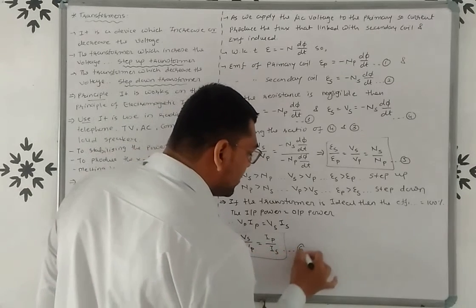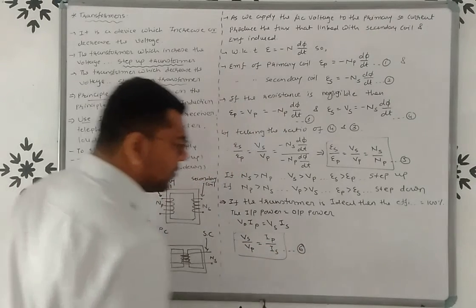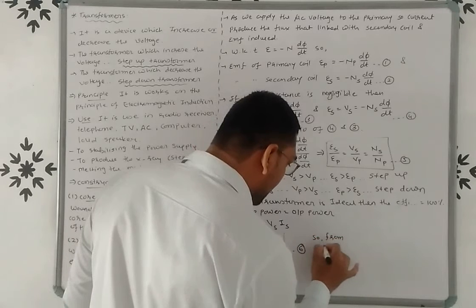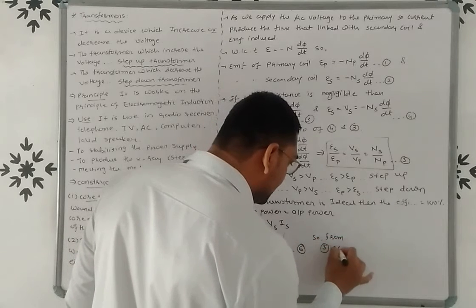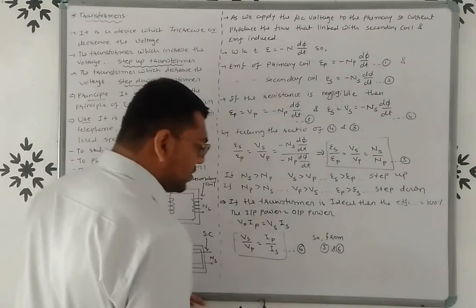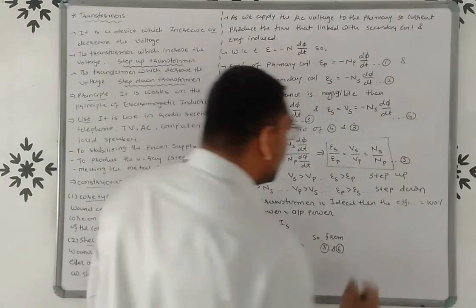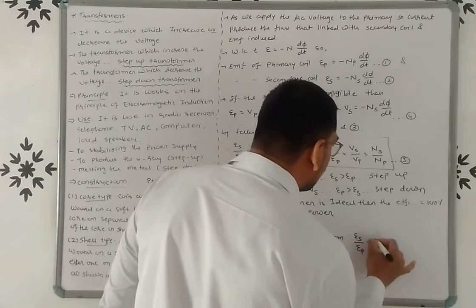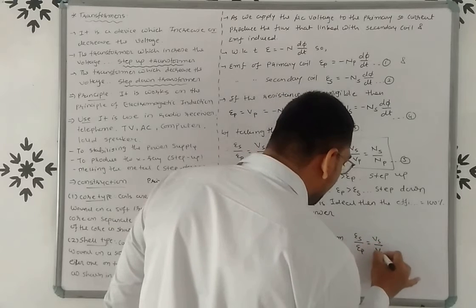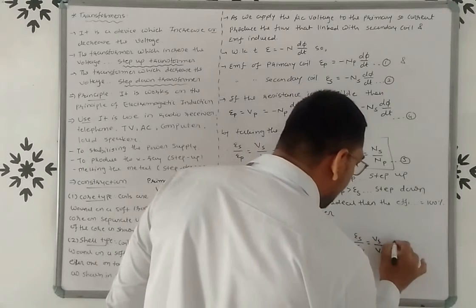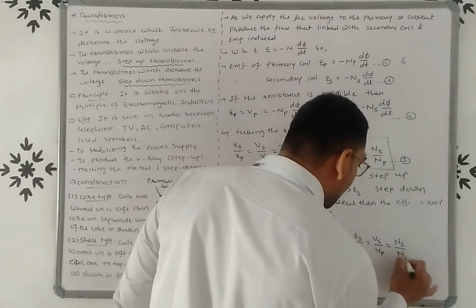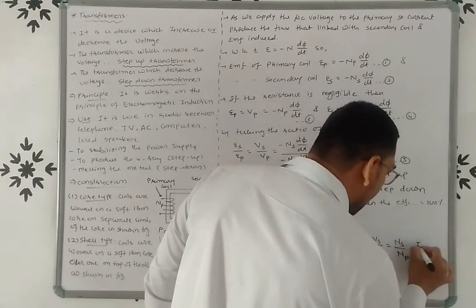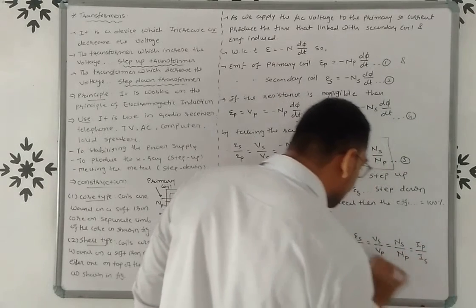This is equation 6, right? So from 5 and 6, what do we get? Here from 5 and 6 we get Es upon Ep is equal to Vs upon Vp is equal to Ns upon Np, and Vs upon Vp is equal to Ip upon Is, right?